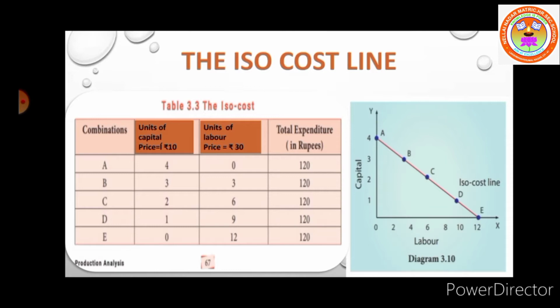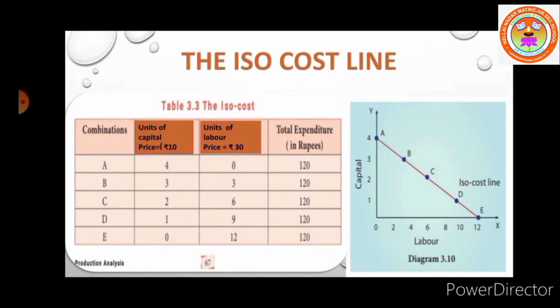What do you mean by ISO cost line? The ISO cost line shows different combinations of factors, labor and capital, that can be purchased at a certain amount of money. The ISO cost line is very useful to the producer, as it gives information on factor prices and financial resources of the firm.